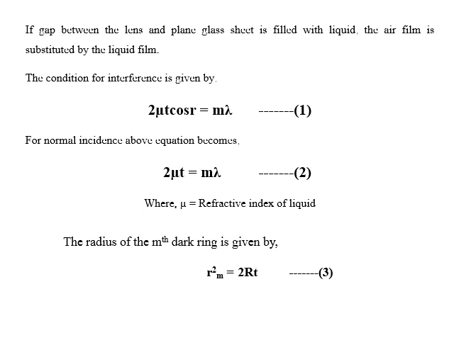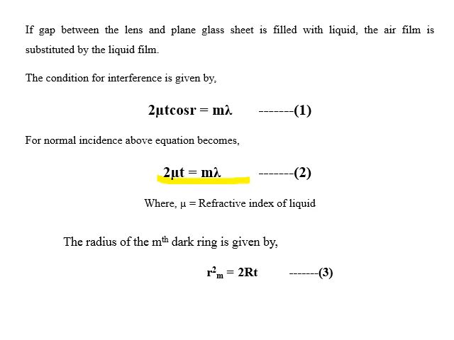Then we have seen the conditions for interference are given by 2 mu t cos r is equal to m lambda. In case of normal incidence, we can rewrite this equation as 2 mu t is equal to m lambda.